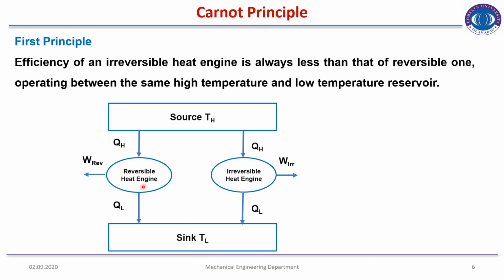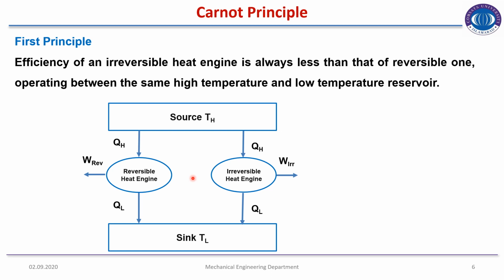On the left hand side we have a reversible heat engine that is taking heat QH from the high temperature thermal energy reservoir and rejecting QL amount of heat to the sink, giving out a net amount of work, that is WREV, the work output of a reversible heat engine.